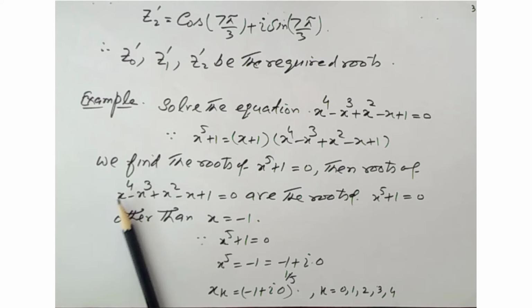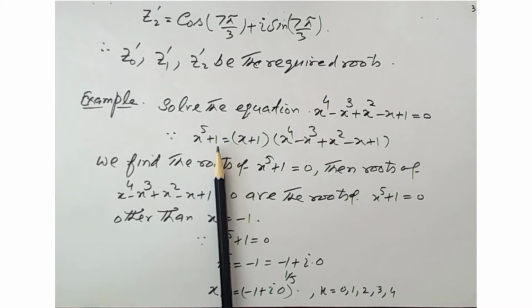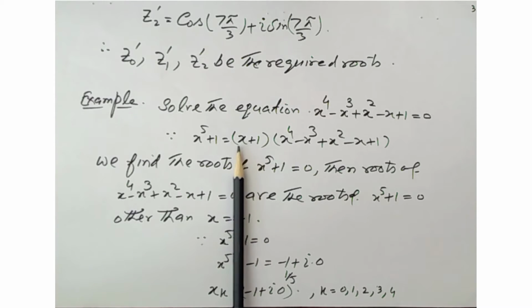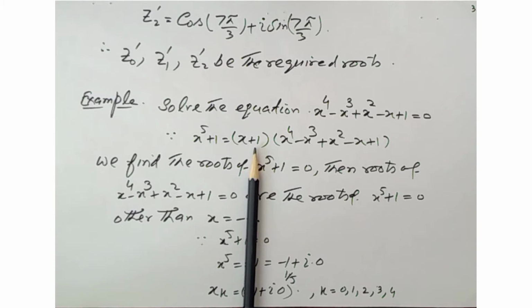The roots of this equation will be found from the roots of x^5 plus 1. They are the roots of x^5 plus 1 equal to 0 other than x equal to minus 1, because from here we get x plus 1 equal to 0 and x equal to minus 1.